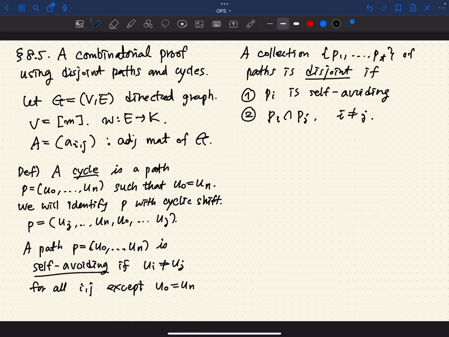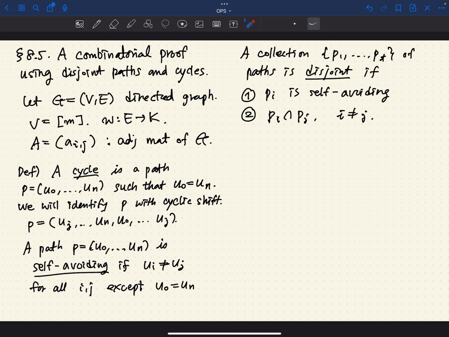They don't intersect at all. That's what it means for a collection of paths to be disjoint. But notice that this is a collection, not a sequence, so we don't worry about their order.